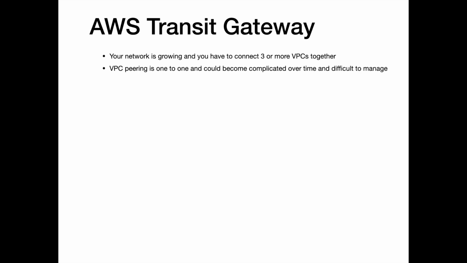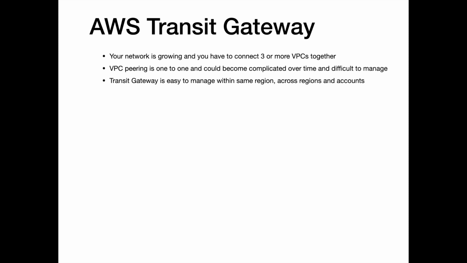The main feature of AWS Transit Gateway is that when your network is growing and you have to connect three or more VPCs together, it is very easy to manage and monitor. You have full visibility of your network in a single place. On the other side, VPC peering is one-to-one and could become complicated over time and difficult to manage.